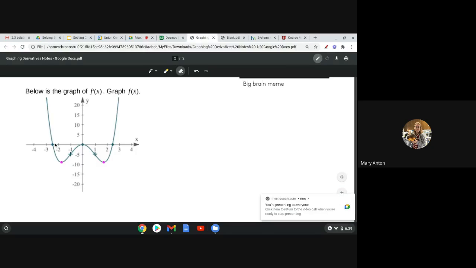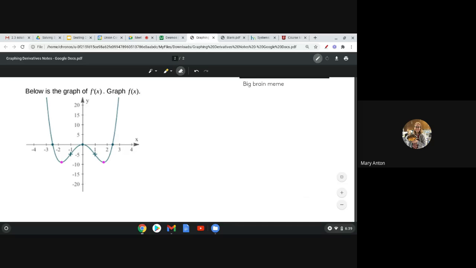All right, y'all, here's a video for the last problem in these notes, which is kind of going backwards from what we have been talking about. So this is the graph of the derivative, and our goal is to graph a possible function f of x.